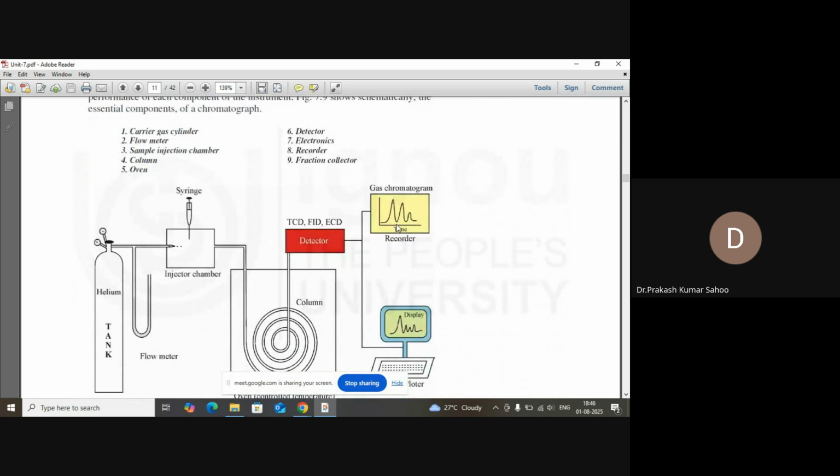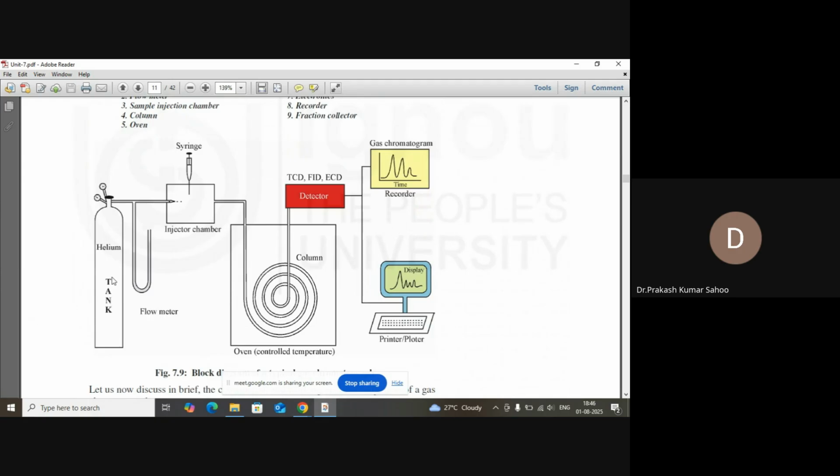And this is the instrumentation which was already discussed: there is a carrier gas chamber, a regulator, and a sample injector chamber, in which with the help of a syringe we put the sample. After that the sample gets converted to its vapor state, and the vapor is passed through this column with different plate numbers.